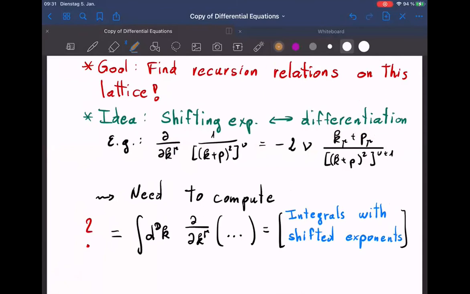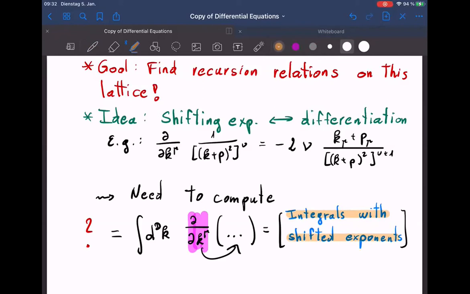If I act with the derivative on the integrand, I get back similar objects with shifted exponents and these numerators, but let's forget about them for now.